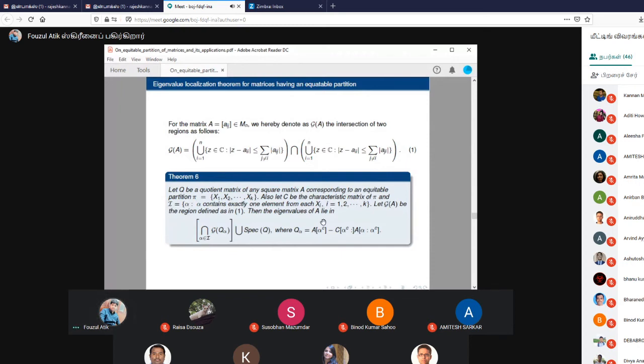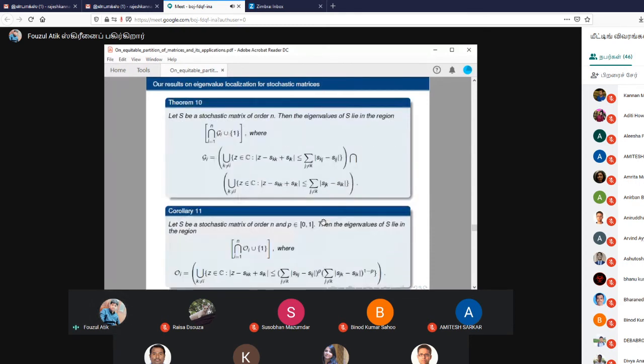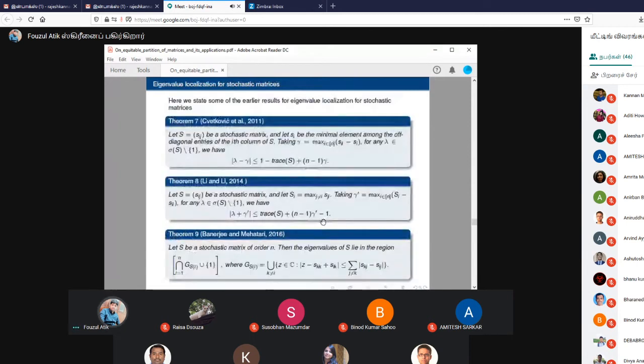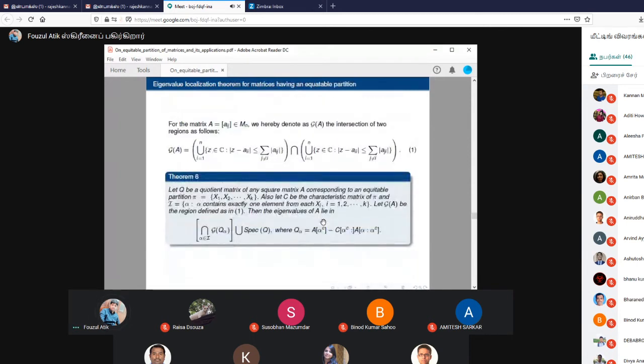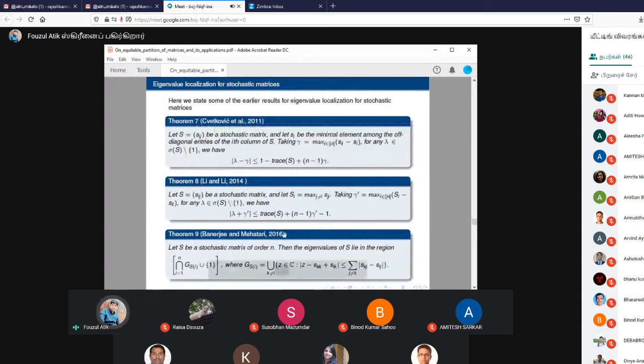Let me come back to the same example. Before that, I want to mention that for the result I was talking about, Dr. Anirban Banerjee and Ranjit did this kind of result, and I got the idea from them. I have simply generalized their result.